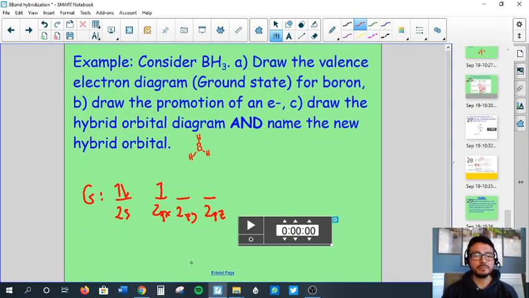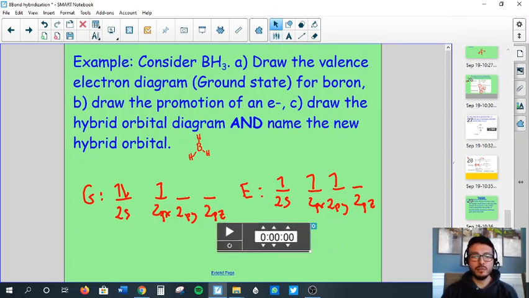That's all it has. In our excited state, we're going to need 3 ligands, so we're going to promote this one here, and our excited state will look like this. Now we have the 3 half-filled suborbitals we need.